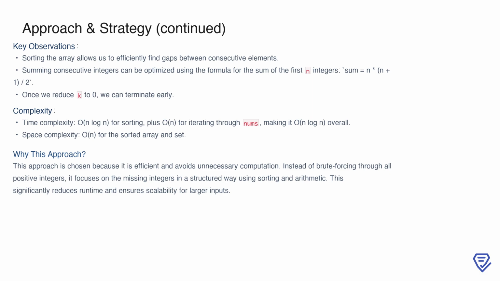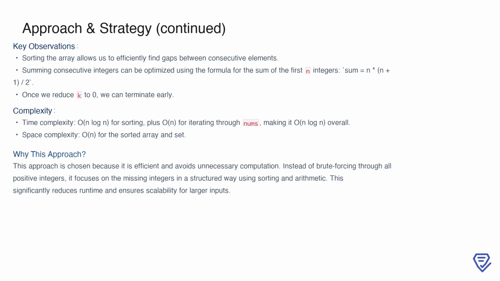Additionally, we can optimize the summation process by using the formula for the sum of the first n integers, n times n plus 1 over 2, to avoid iterating through numbers unnecessarily. This means we can quickly calculate the total for a range of integers without explicitly summing them one by one. Once we've appended enough integers to reduce k to 0, the process naturally terminates without further computation.